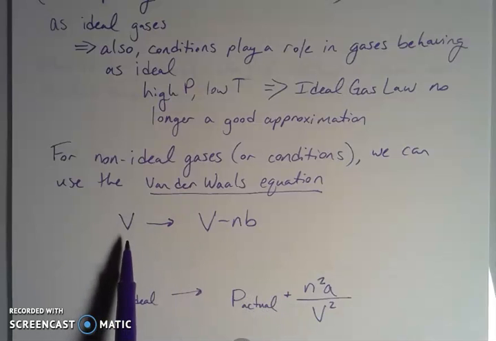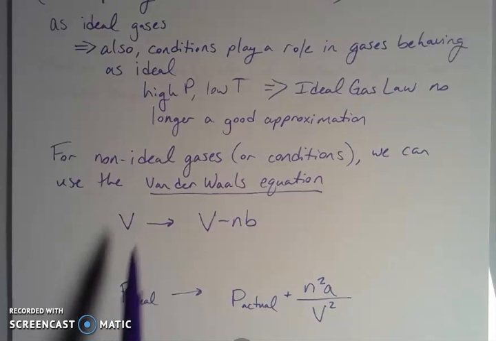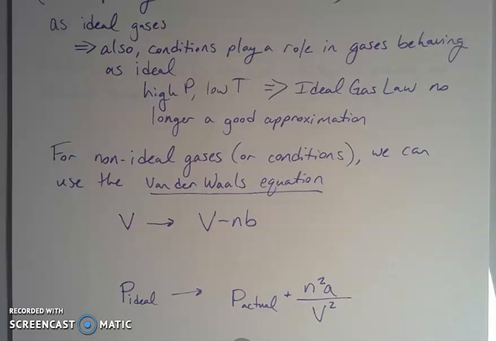So the V in PV equals nRT for the ideal gas law is the volume of the container. We assume that the volume of the gas is equal to the volume of the container, and we're neglecting the volume of the individual particles.